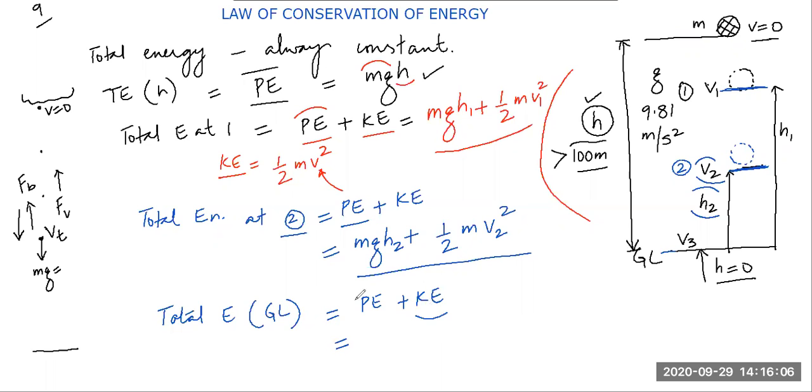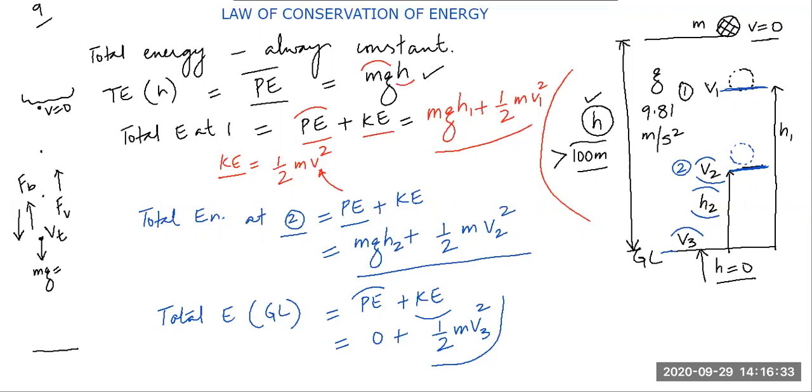Why? Because there is no height, so potential energy is 0. And what is the kinetic energy? Let us say the highest velocity is v3. So it is half into m into v3 square. Am I right?